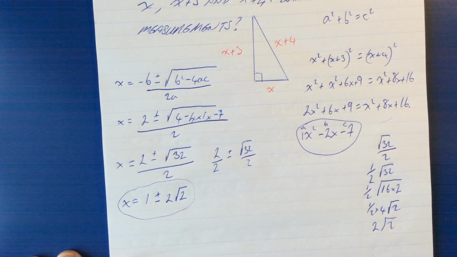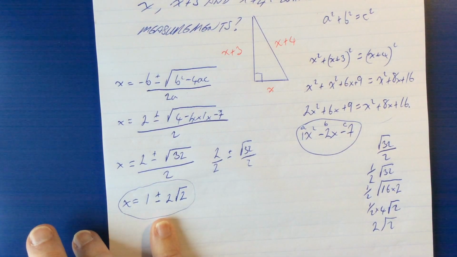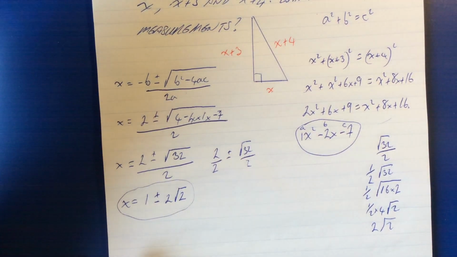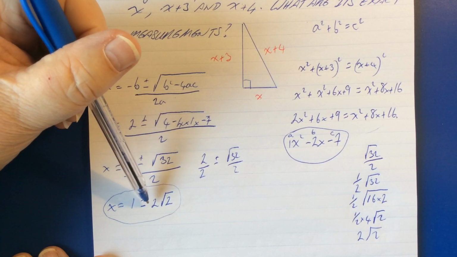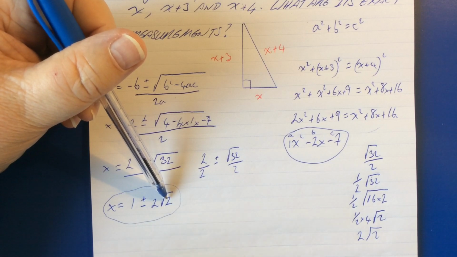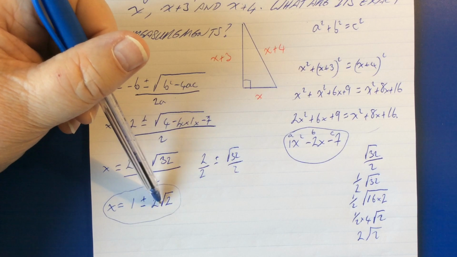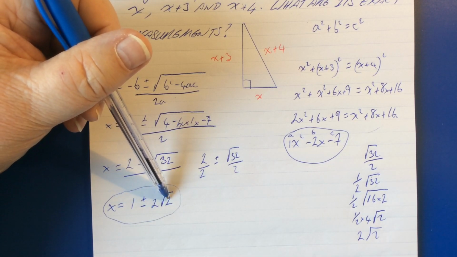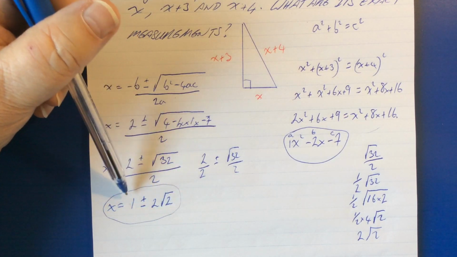Now, the question is, which one of these do we pick? Can they both be right? Well, they can't both be right for a very good reason. The square root of 2 is approximately 1.41 something. So 2 times 1.4, let's say, if we subtract that from 1, we get a negative value.